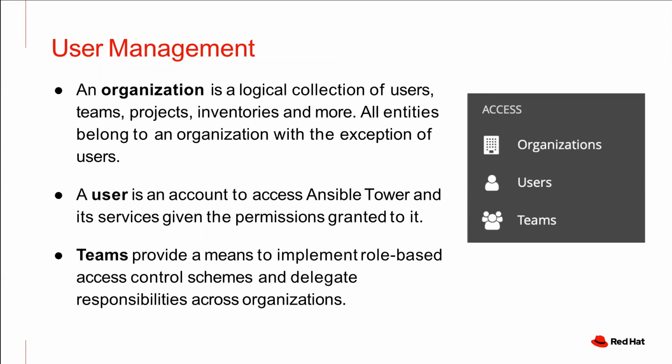Then within the organization, we have teams, and the teams provide ways that we can segregate users or put them into meaningful groups. And then we have users, and that's where we can have the final level of control. So we have 3 levels of control for access that we can work with.